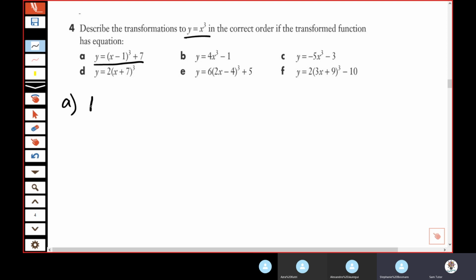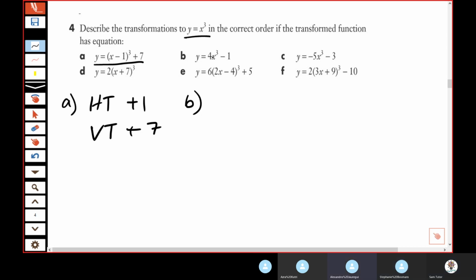Yeah. You know it's a horizontal translation plus 1. And then that would give you (x minus 1) cubed. And then of course, the vertical translation. And b. Alex, tell me b.